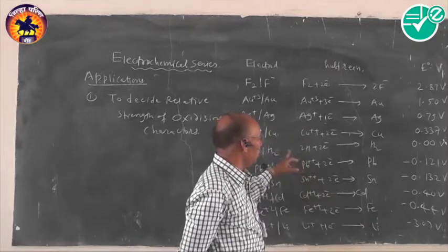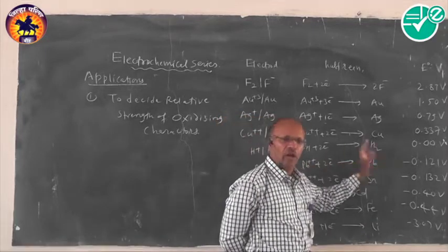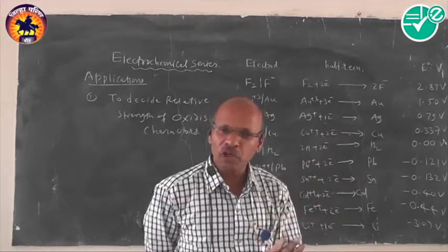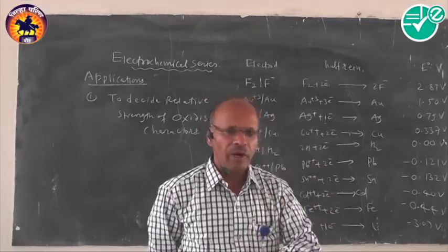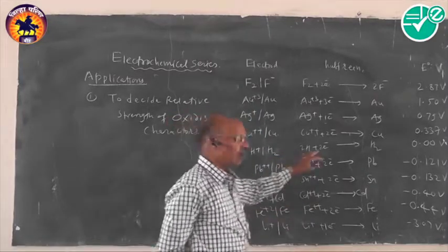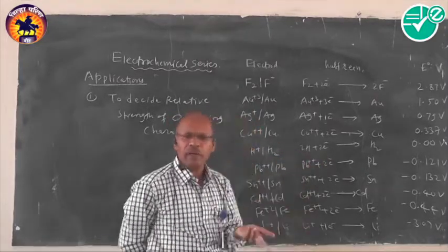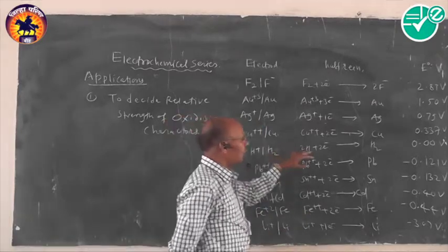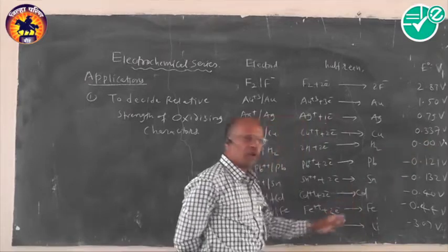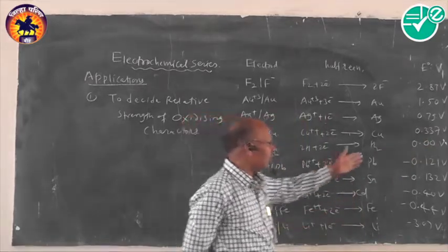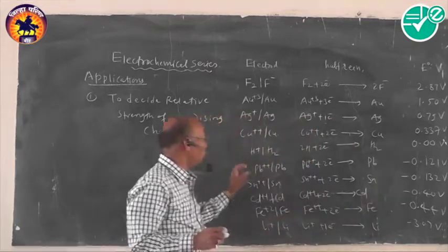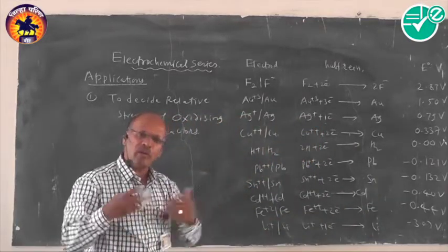Particularly at the middle portion we place here the hydrogen, and therefore the EMF series consists of 3 parts: an upper part, a lower part and a middle part. Middle part consists of only one species, that is hydrogen. Along the same, the upper part consists of the electrodes with the positive standard potential values, and the lower part consists of the elements or the electrodes having negative values of standard potential. Now here, how to follow specifically the upper part of the element?